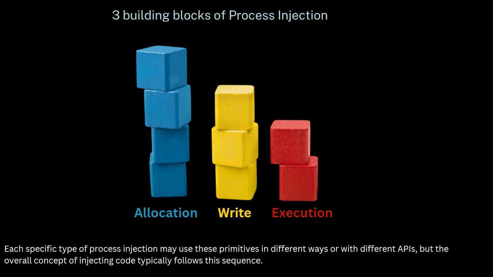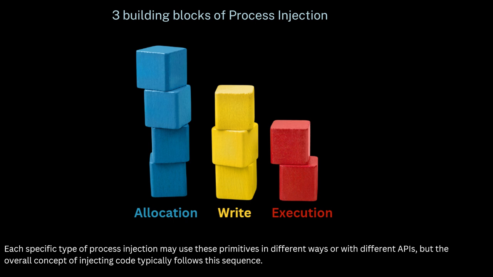Then any process injection has these 3 building blocks, just like a roof always requires pillars to stand on, no matter what the architectural design of the building or a house is. In the same way, no matter which process injection type, these three building blocks are common in all process injection types.